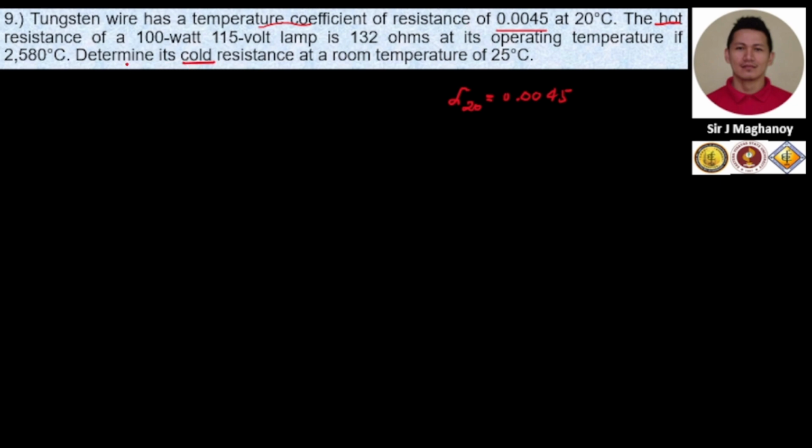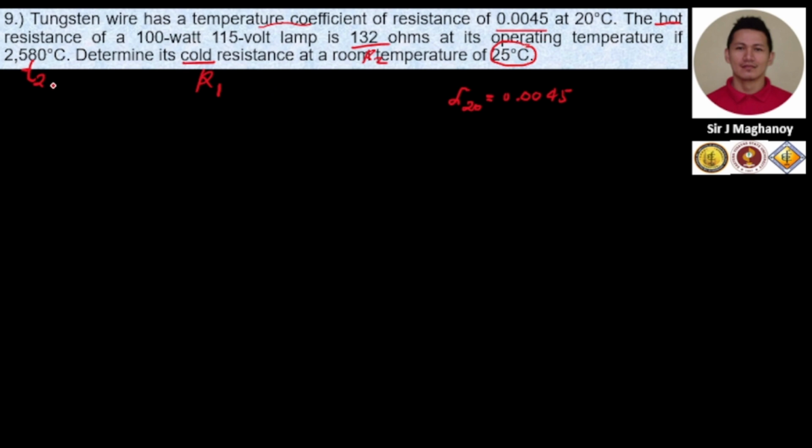For the 100 watt 115 volt lamp, the hot resistance of 132 ohms is our R2, and its operating temperature is our final temperature. The cold resistance is our R1, at the room temperature of 25 degrees Celsius.